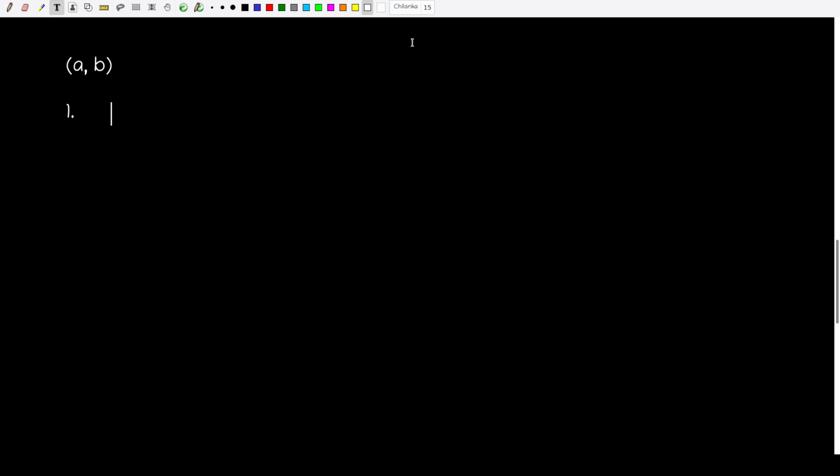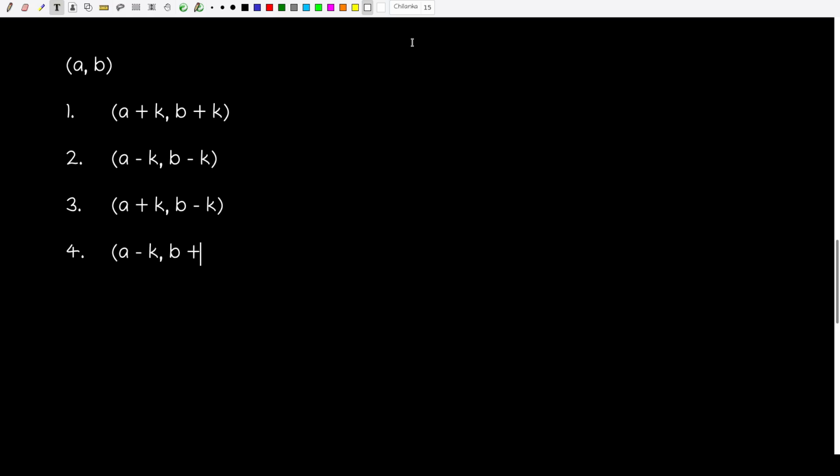The first combination: let us say we want to increase the height of both the towers, so a becomes a plus k and b becomes b plus k. The second combination: we can decrease both the heights by k, so a becomes a minus k and b becomes b minus k. Third, we can increase the height of tower a by k and decrease the height of tower b by k. And the fourth option, which is the last option, decrease the height of tower a by k and increase the height of tower b by k.